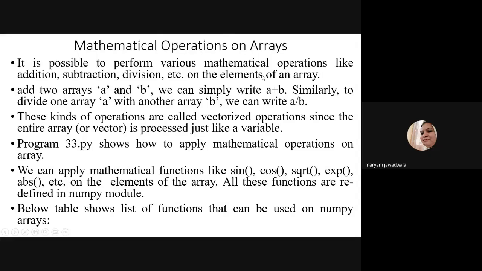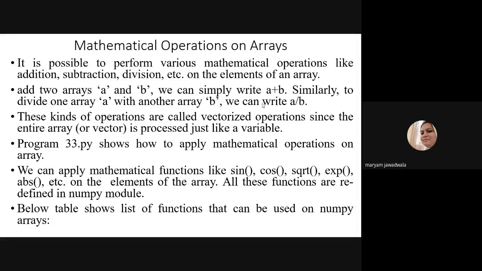These operations are very important in numpy, because if you want to write the same program in C or Java to add two matrices or two single dimensional arrays, you need to use a for loop and add the corresponding elements present in the arrays.